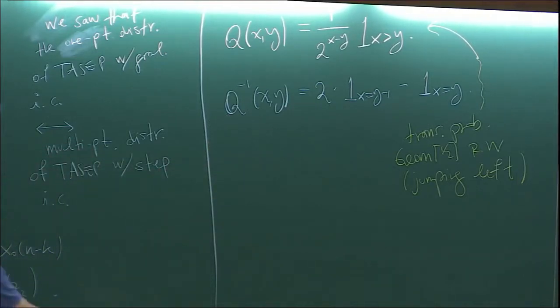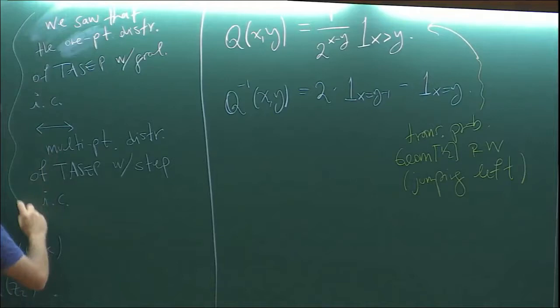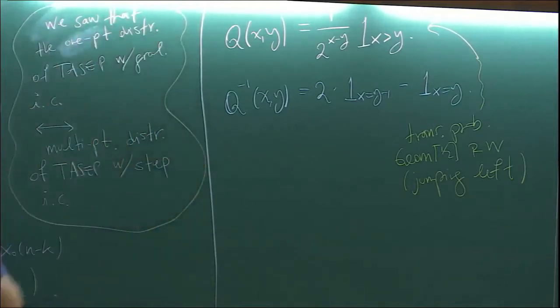Let me go back here, which is where we finished yesterday. So yesterday I tried to convince you of the following thing. To try to have an idea of who these phi's may be, we needed 2 ingredients. The first one was this idea that if you want to compute the 1-point distribution, the simplest case, for TASEP, just 1 particle with a general initial condition, that probability equals the probability distribution for the multi-point distribution for TASEP with step initial condition.